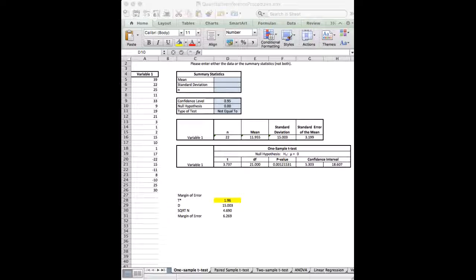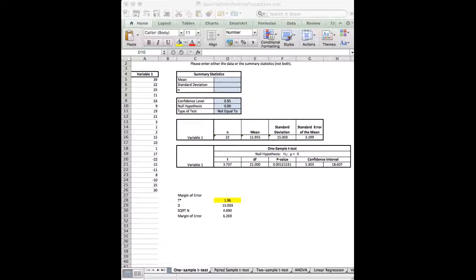Okay, putting everything here. Let's see, do we get the upper bound and lower bound correct? Let me see. I think we did. Yeah, we got it right.